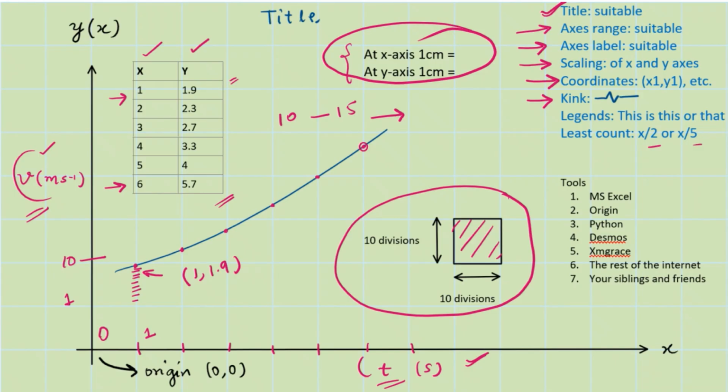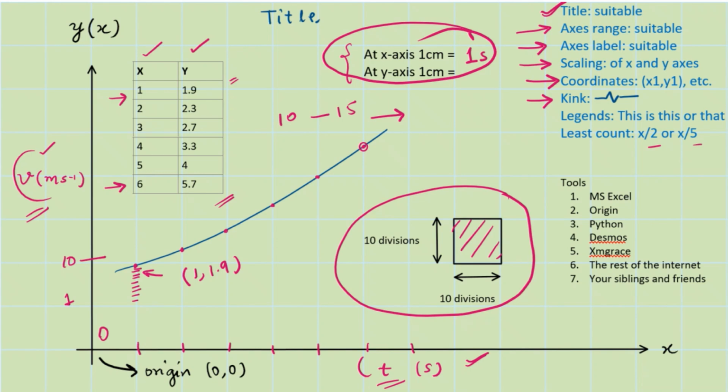At the x-axis, I have chosen 1 centimeter equal to what? At the x-axis, I have time. So I have chosen it like this: 1 centimeter equal to 1 second, since this is in seconds. I can stretch my graph as per my convenience and mention that scaling here. I can choose 1 centimeter equals 0.5 if I want to stretch my graph like this, and I don't want 1 to come here.